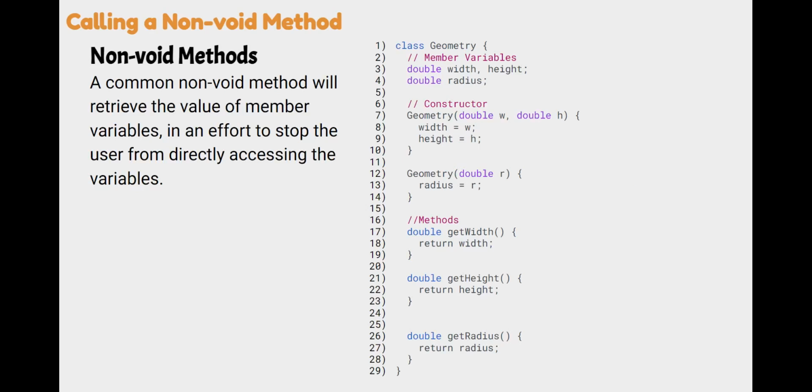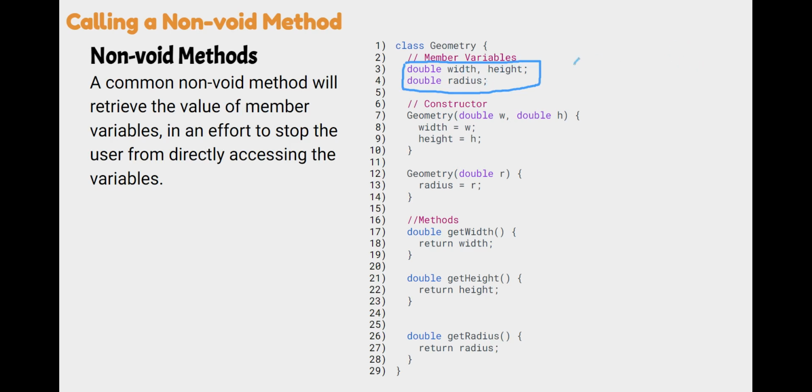A common non-void method will retrieve the value of member variables in an effort to stop the user from directly accessing those variables. So we have a geometry class, and in our geometry class, we have three variables, a width and a height and a radius. Now, we don't want the user directly accessing these because we don't want them putting in values that don't make sense.